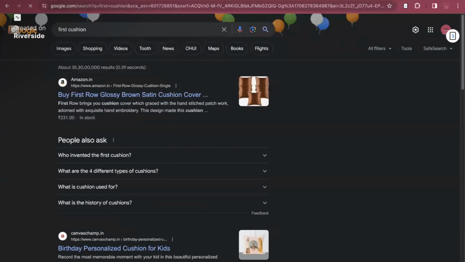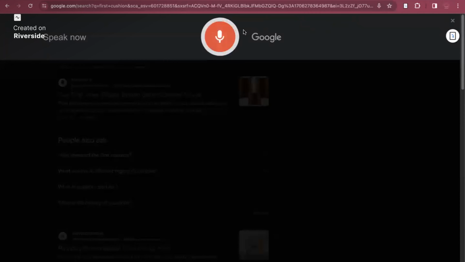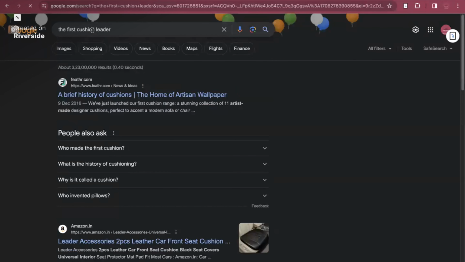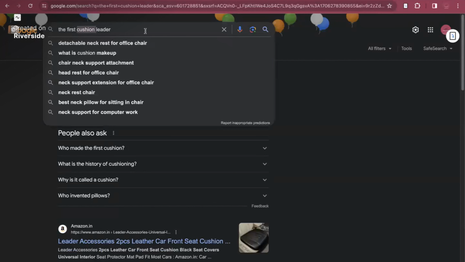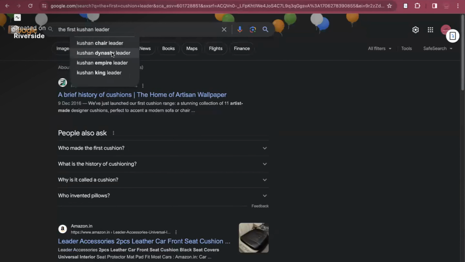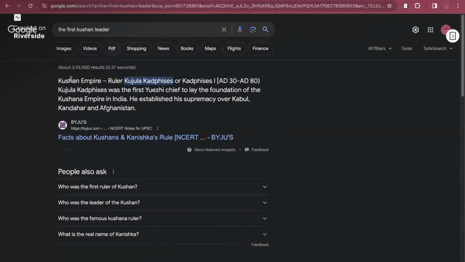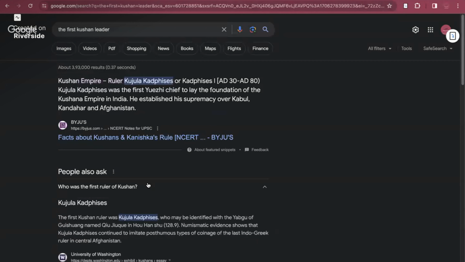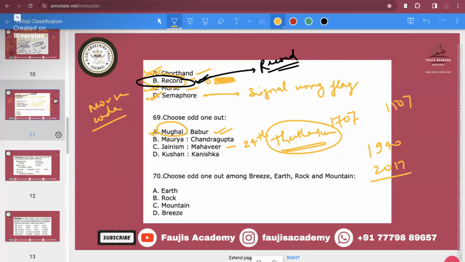No, one moment, guys. Let me check. The first Kushan leader. Kushan from Mahajanapadas, guys. Kushan Empire ruler. Okay, Kujula Kadphises. Yes, okay.